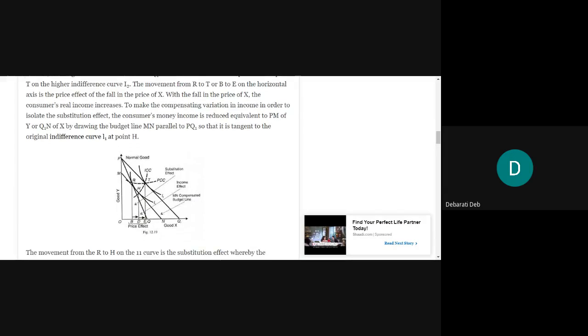So first you will draw one line that is PQ. That will be a budget line. Then you will draw an indifference curve I1.